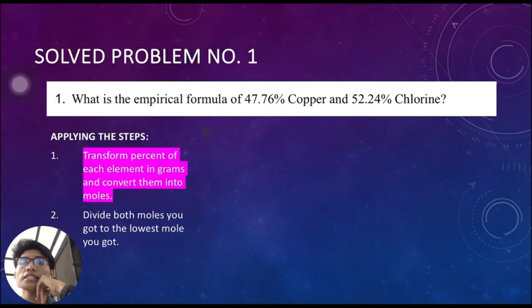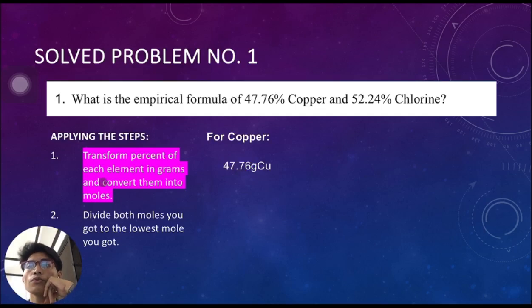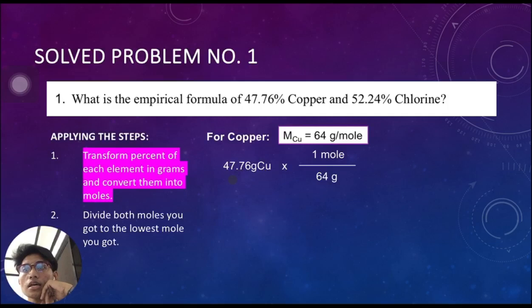So by applying the steps, number 1 is to transform percent of each element into grams and convert them into moles. So for copper, like what we have said, transform from percent to grams. Using the conversion factor, 1 mole of copper is equivalent to 64 grams.